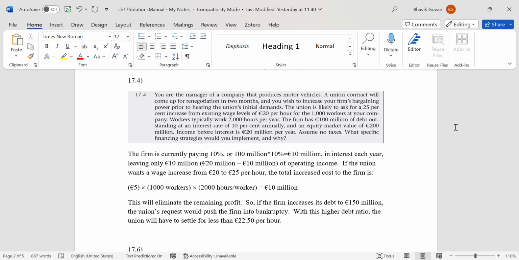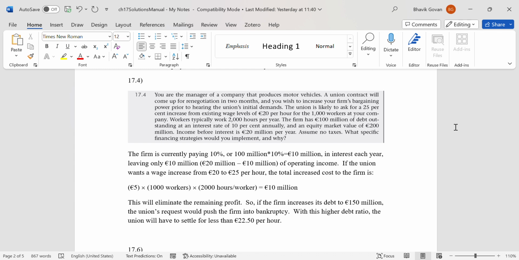For the answer, they basically say that the firm is currently paying 10%, or 100 million times 10%, which is 10 million in interest each year. This leaves about 10 million of operating income. If the union wants a wage increase from 20 euros to 25 euros per hour, the total increase cost to the firm will be the 5 euro increase times the 1,000 workers times the 2,000 hours per worker, and that gives us 10 million.